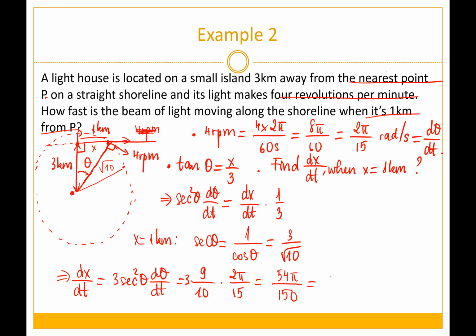If we simplify further, we have 8 pi over 9 radian per, not radian, kilometer per second. And so that is my answer for this question.